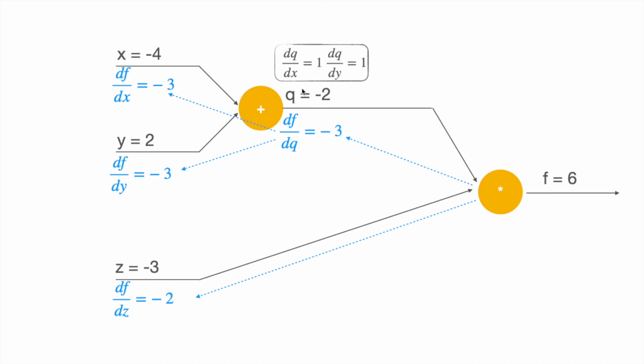That is, if this input becomes smaller and smaller, then the output will increase. For example, if instead of -2, this becomes smaller and becomes -3, then -3 into -3 becomes 9. So the output will increase. That's what this gradient is talking about.